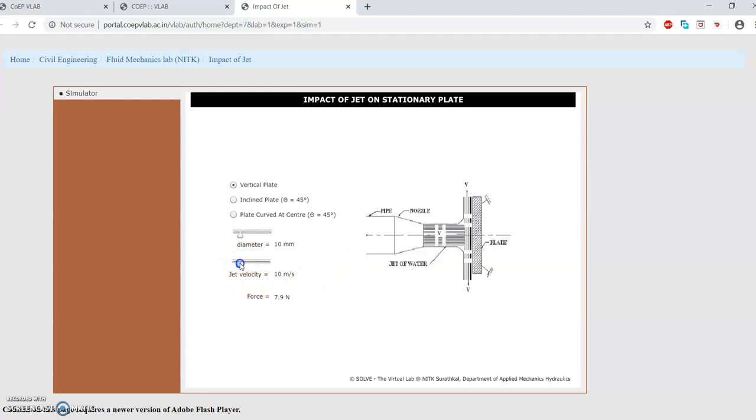So let's say I have taken 10 meter per second. Now automatically if I change this value, I can get the value of force here. So this force, on an iteration basis, gives you certain values. It is showing me that the force here is 7.9 Newton. The force acting on this plate here is 7.9 Newton.